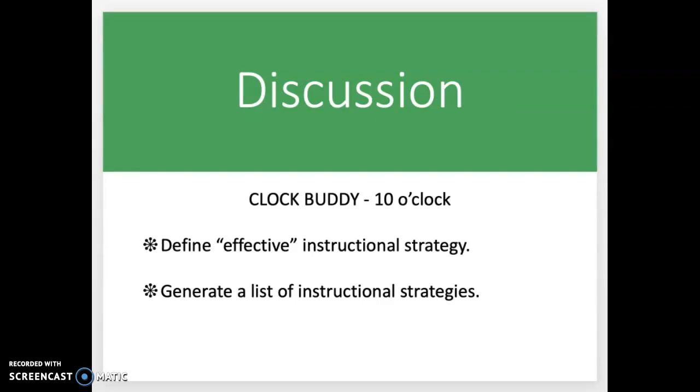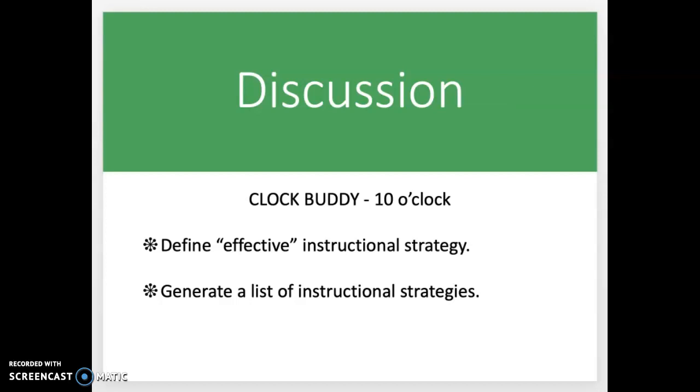Now, we're not going to do this obviously because this is an online class, but I want you to think about this. If you were to do this activity in your university class, how do you define effective? How do you define an effective instructional strategy? And what instructional strategies do you think are effective?